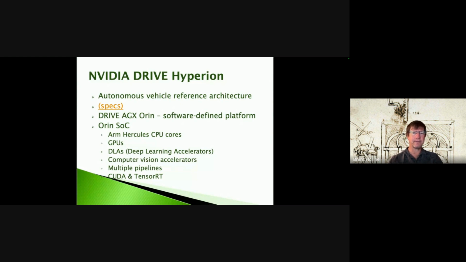But NVIDIA also has this hardware and software stack and SDK that's designed for autonomous driving, and they've gone through several iterations of this now. So there's this Drive Hyperion, is that how you pronounce it? I'm not sure. It's an autonomous vehicle reference architecture, and you can follow this link.